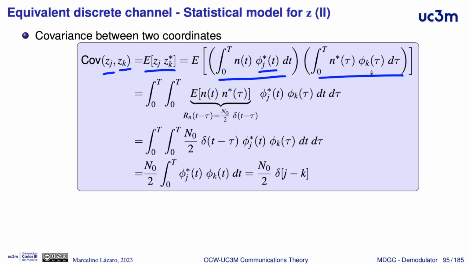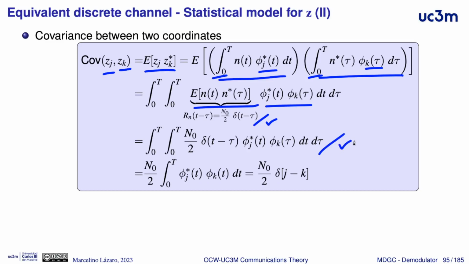The two elements of the basis are deterministic, so they can go out of the mathematical expectation as well as the integrals because of the linearity of the mathematical expectation. Inside of the mathematical expectation, we have the definition of the autocorrelation function of the noise at t minus tau, because we have a stationary random process, which is N0 halves delta of t minus tau.